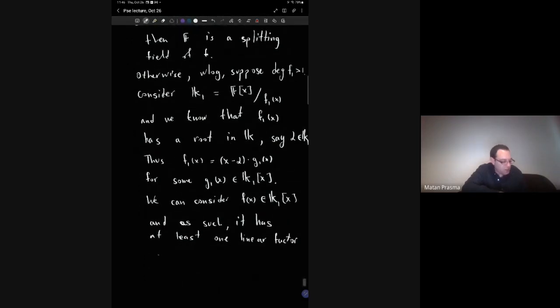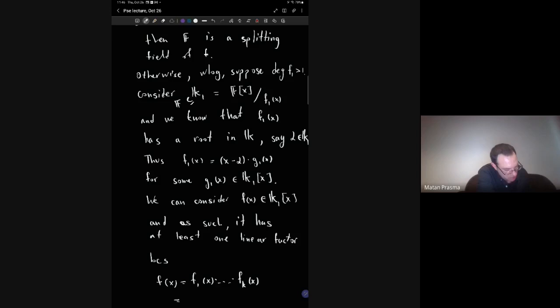Right? Because whatever I could write in F, I can write in K1, because K1 contains F. So I could write in F the polynomial f(x) being the product of f1 up to fk.